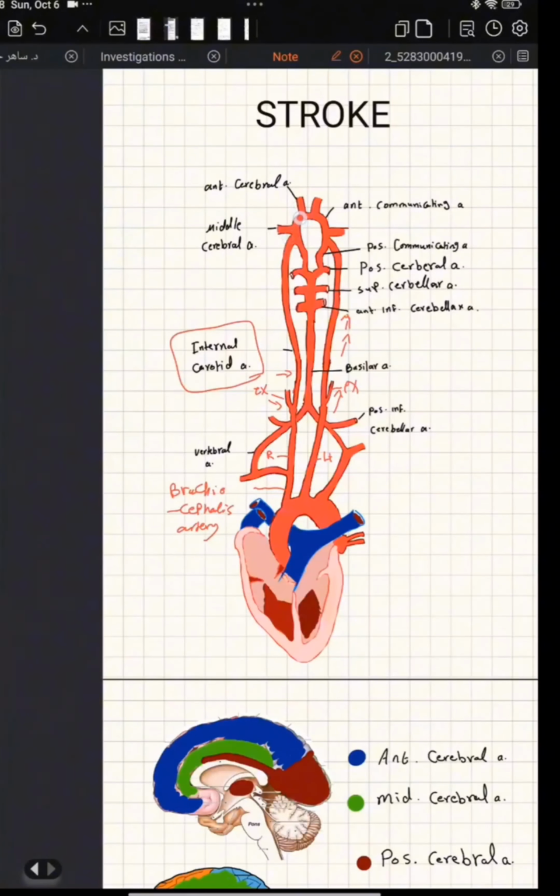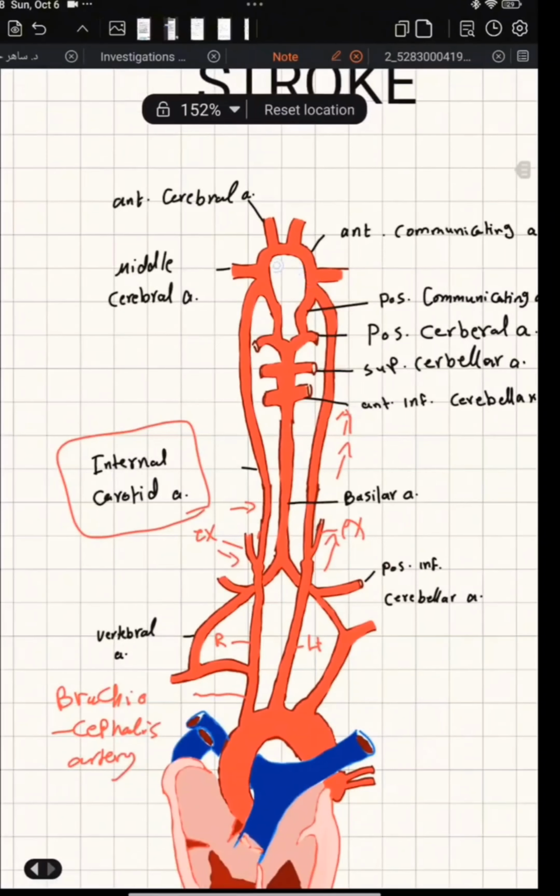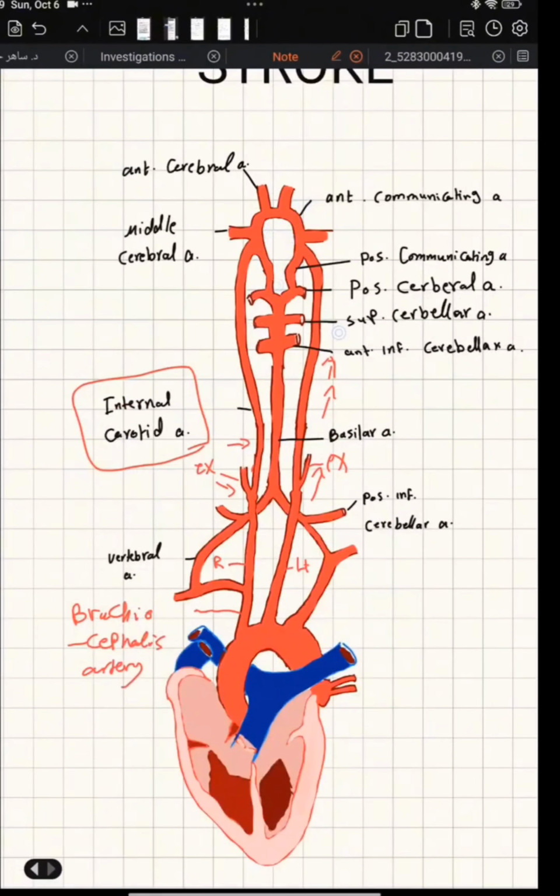As we go here, there is a branch which is the anterior cerebral artery. So in this pathway, and the same for the left common carotid artery, the left internal carotid artery, both the left and right internal carotid arteries and their branches will form the circle of Willis.